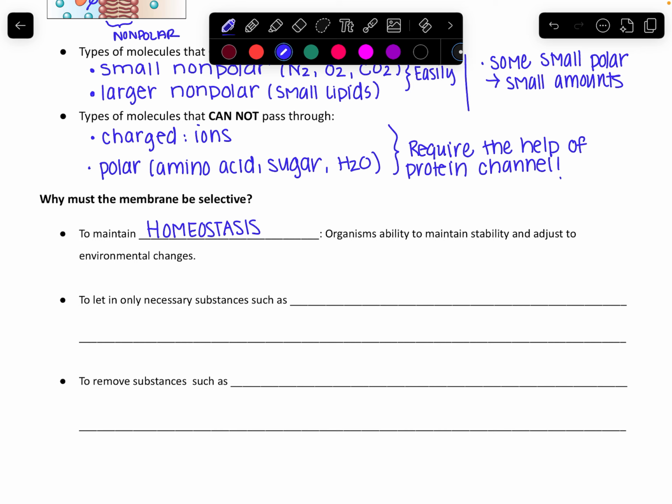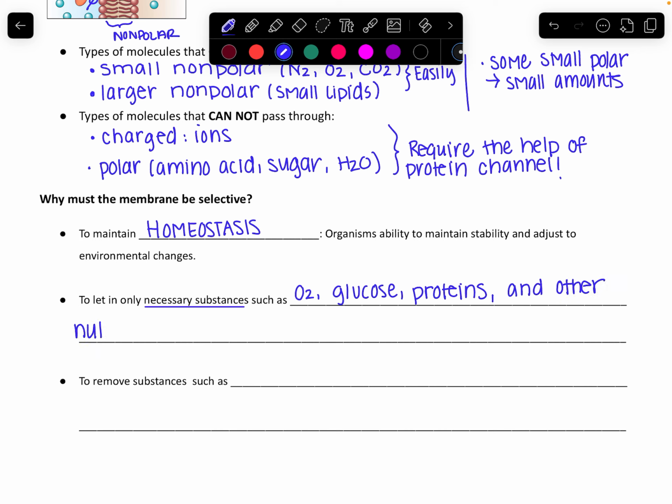So our cell membrane maintains homeostasis by only letting in the necessary substances that we need, like oxygen, or glucose we need for cellular respiration so that we can make energy that fuels our cells, or proteins we may need to build the new proteins that our body needs, as well as other nutrients.